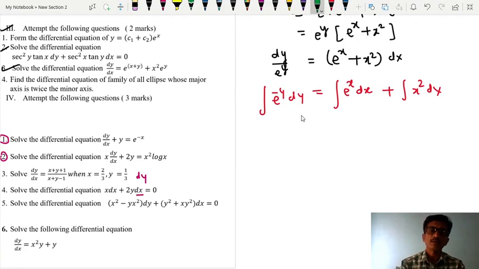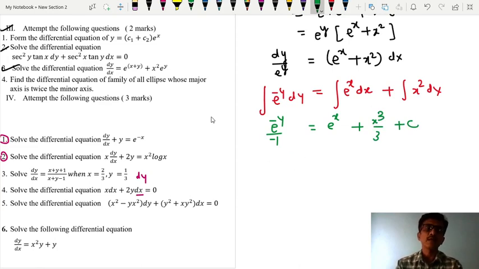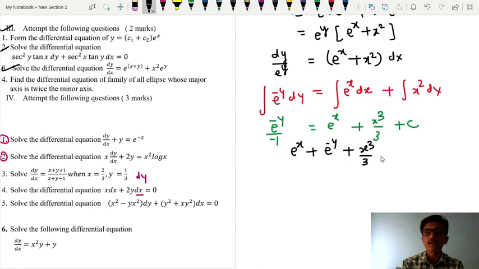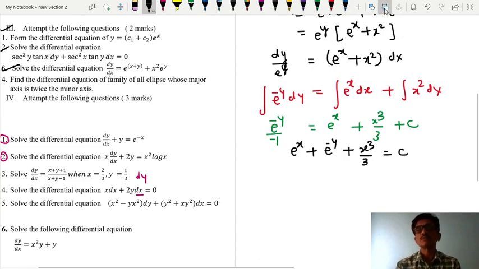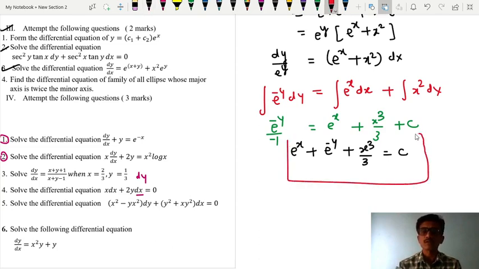So e raised to power minus y upon minus 1 is equal to e raised to power x plus x cubed by 3 plus c. We can rearrange the terms: e raised to power x plus e raised to power minus y, taking it on the right hand side, plus x cubed by 3 is equal to c. So this will be the solution of the differential equation.